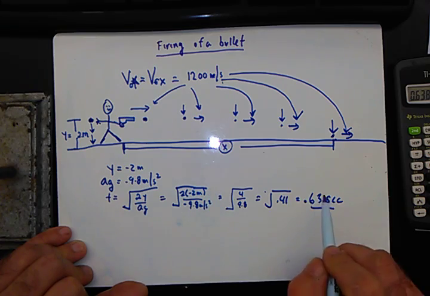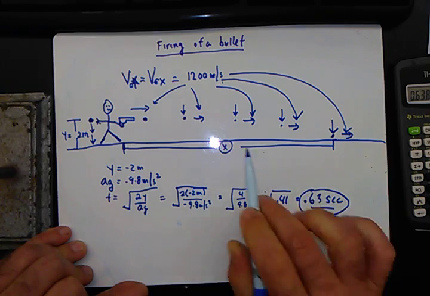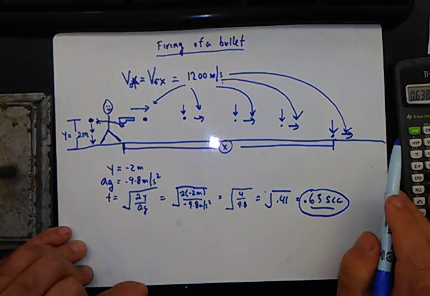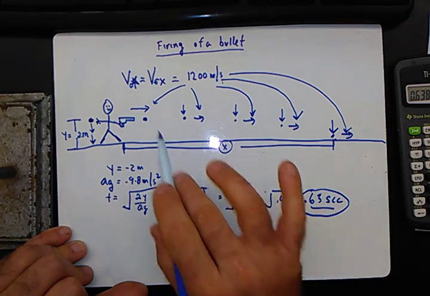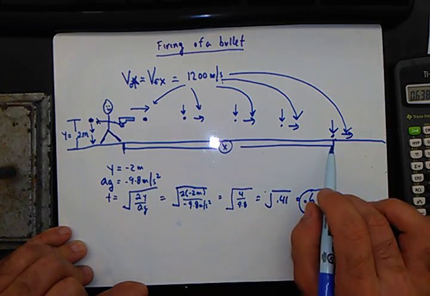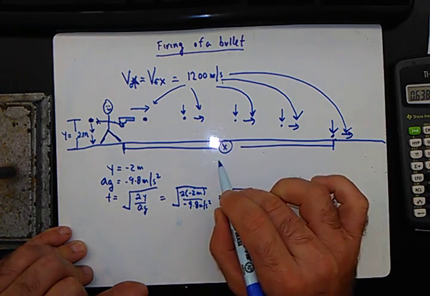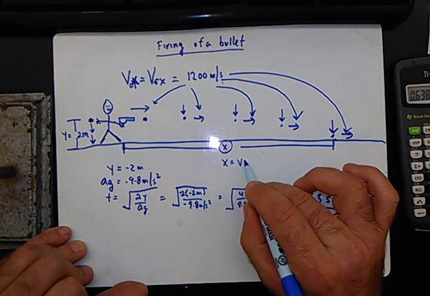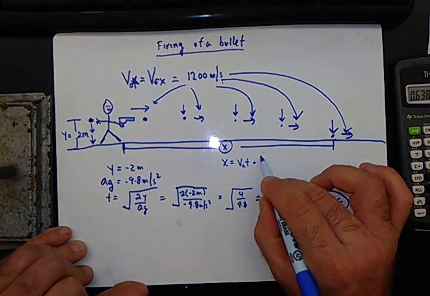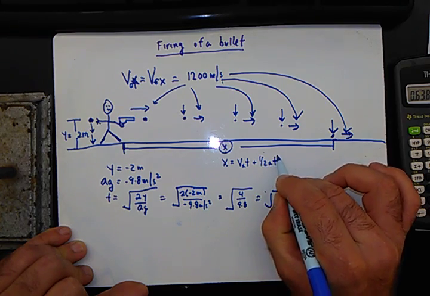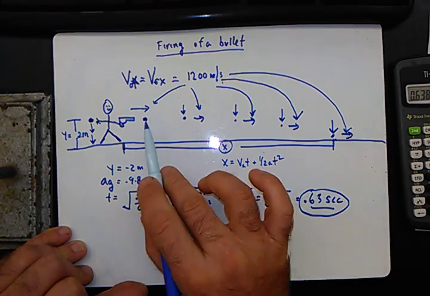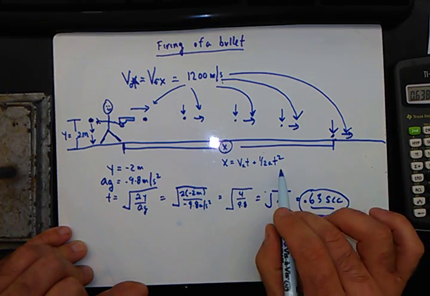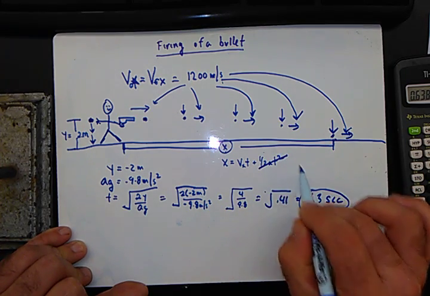Now, we have the time in the air, because we know how long it takes to drop, so we're going to apply that to the x displacement. So x is v t plus half a t squared. We know in the x direction there is no acceleration, so we get rid of that.